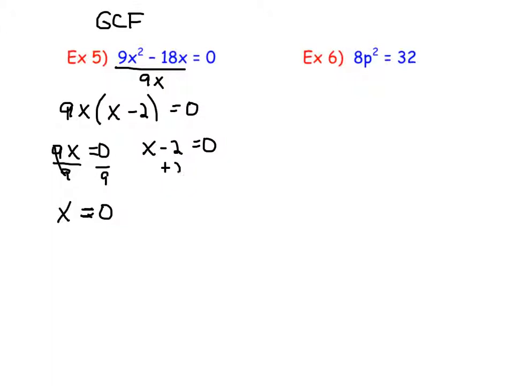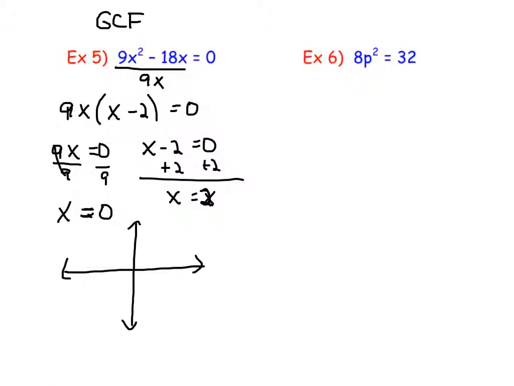Here I would add 2 to both sides, so then my x-intercept would be 2. So my parabola would actually go through the origin and then also at 2. So my two intercepts would be like that. And this is common to have an x-intercept as 0.